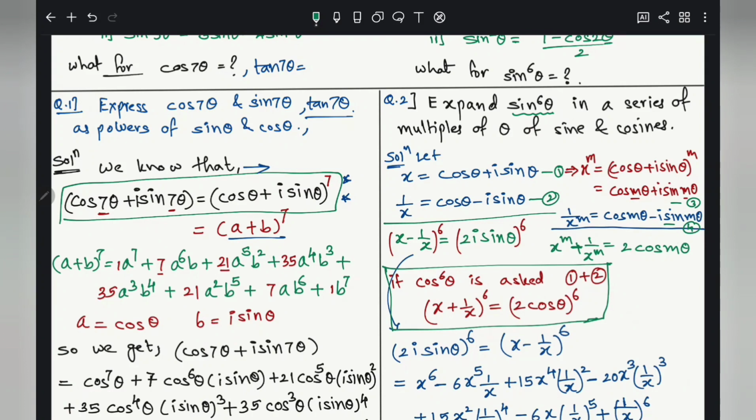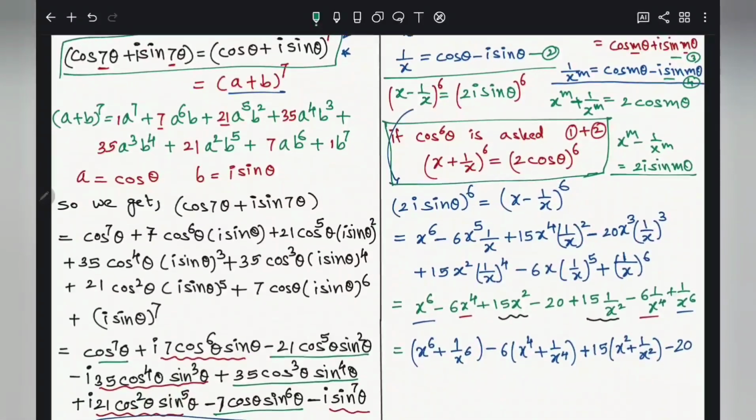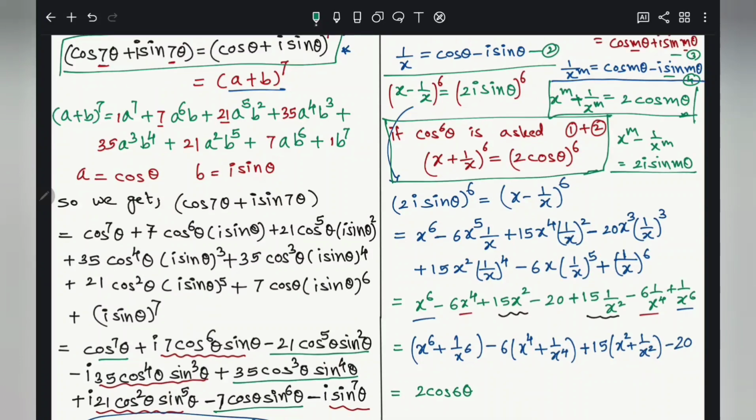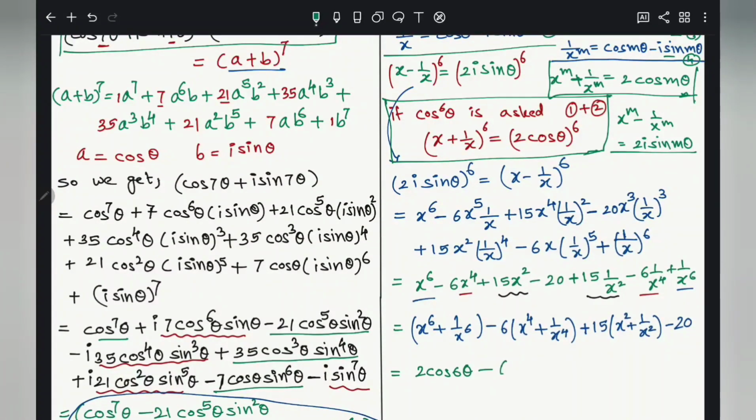If I take the subtraction, then in that case I will get 2i sin m theta. So here this is an addition, so we will use this. And so I will do substitution here. So m is 6, so I am going to get this as cos of 6 theta.